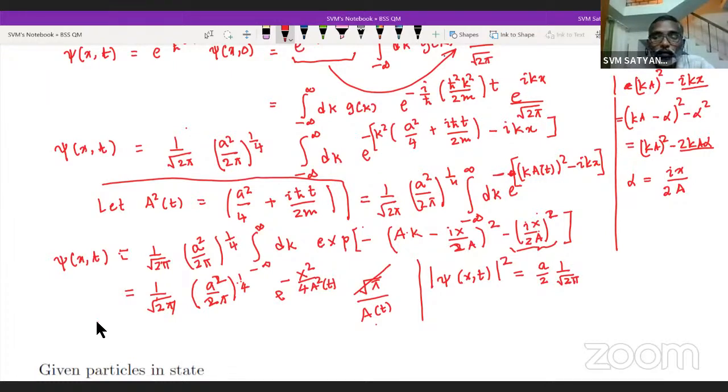And 1 by a of t mod square into e to the minus x square by 4 into 1 by a square of t plus 1 by a square of t, the star, the complex conjugate of that.